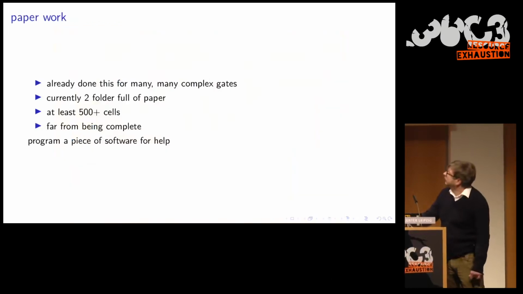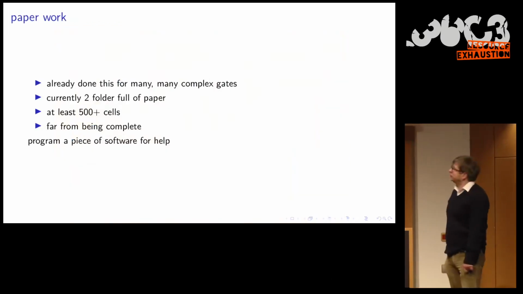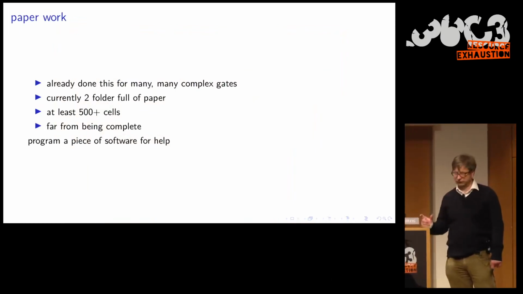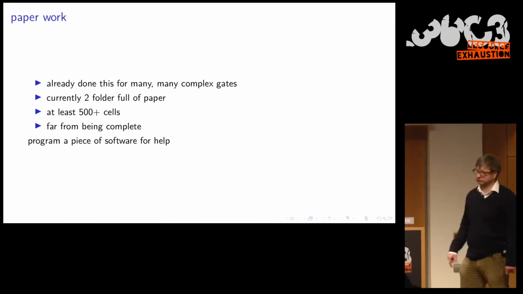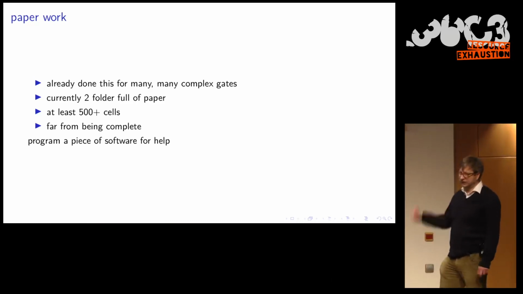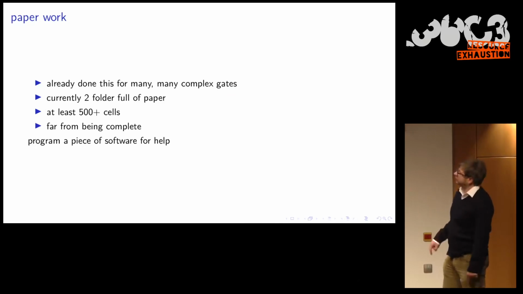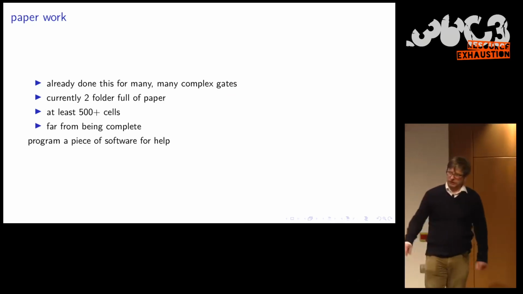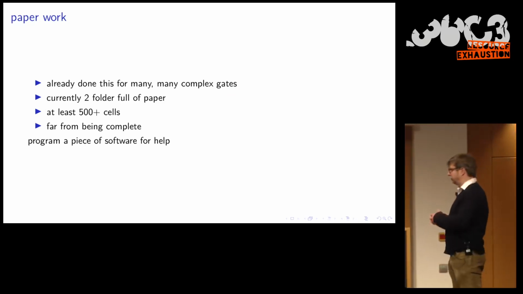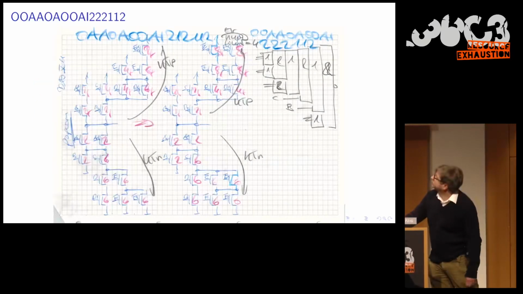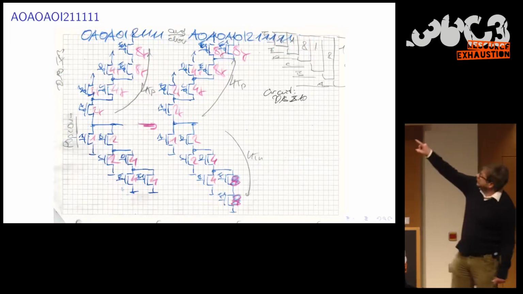Some of them are not even in the makefile, but I did quite a lot of paperwork, and the current state of this is I have 2 big folders full of papers. Only these derivations, I estimate about 500 to 600 cells, all with this limit of 4 stacked transistors. And I have the impression that I'm far away from being complete, because the cells tend to create big trees, like with this one.